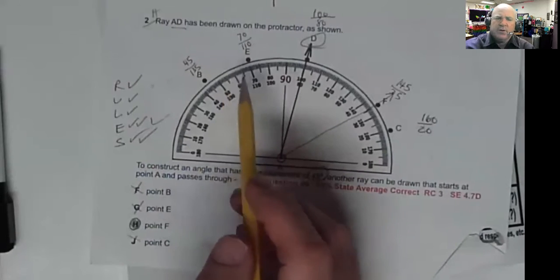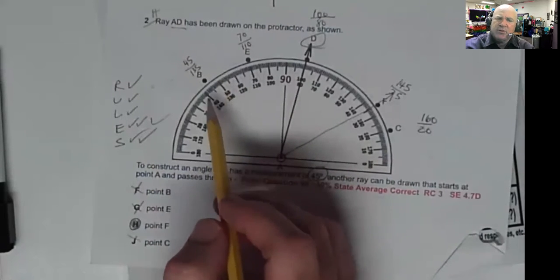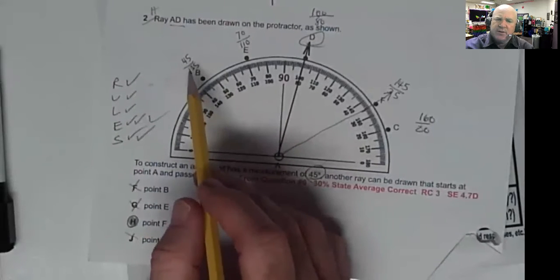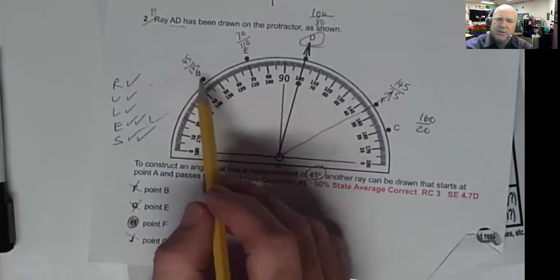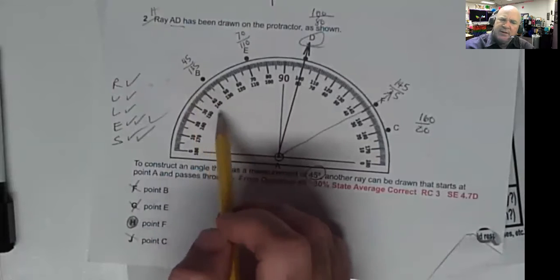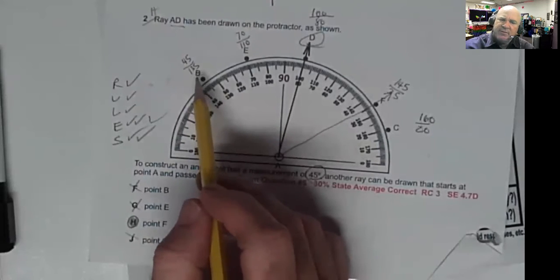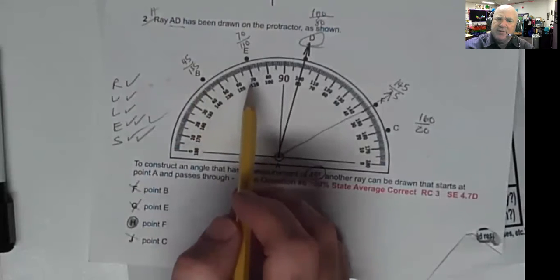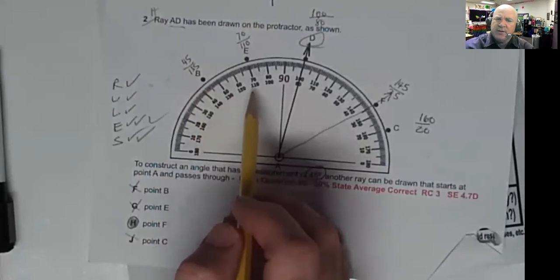So what we're going to do is I want you to see that point B is starting at 45 on the top and 135 on the bottom. Point E is 70 on the top, 110 on the bottom.